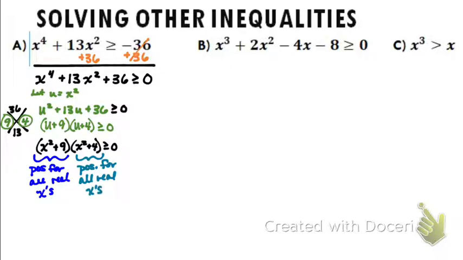Is there any value for x that we could substitute in here that would give us a negative? No. So what's my interval that would make this, it's not a quadratic, it's a quartic, a 4th power polynomial. What's my interval for where this is greater than or equal to 0? Negative infinity to positive infinity. All real numbers.